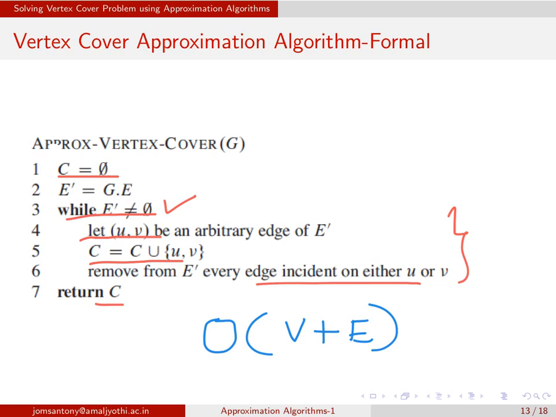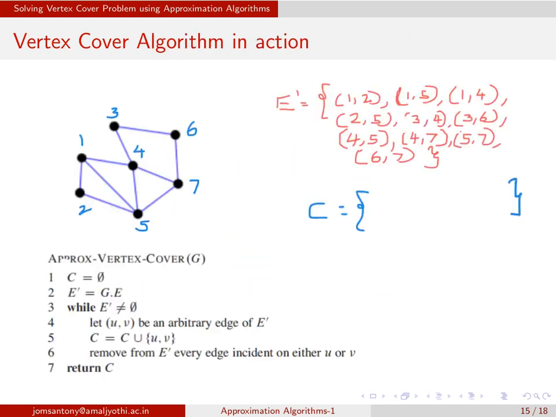That is, if the number of vertices is represented by n, then the number of edges cannot go more than n square. So it means that the complexity will be of the order of n square. And we know that order of n square is a polynomial complexity. This concludes the fact that this particular approximation algorithm has a polynomial complexity.